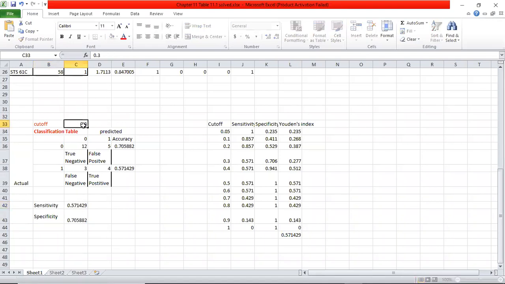I'll just keep it as 0.3. With that, I got the formula for sensitivity as D38 and C38. See, I have zeros here.